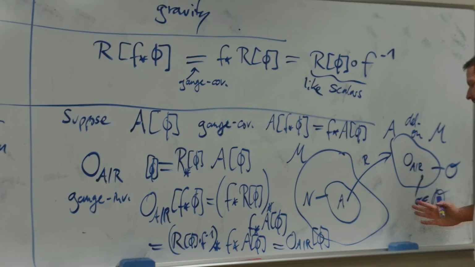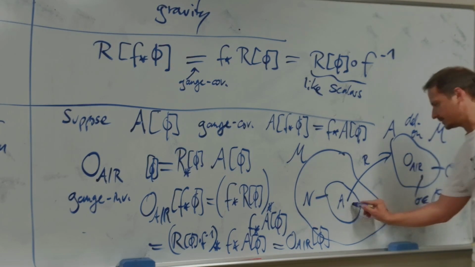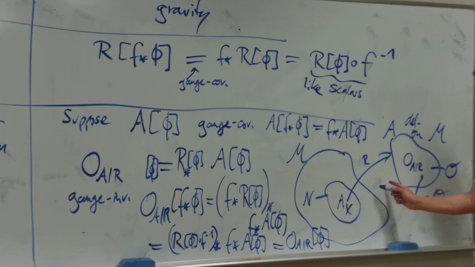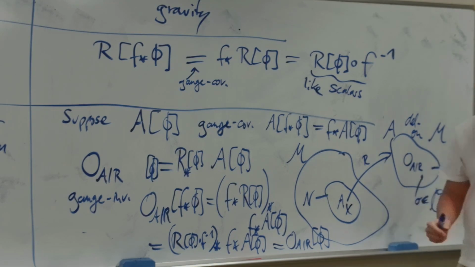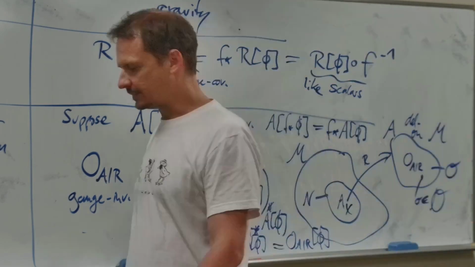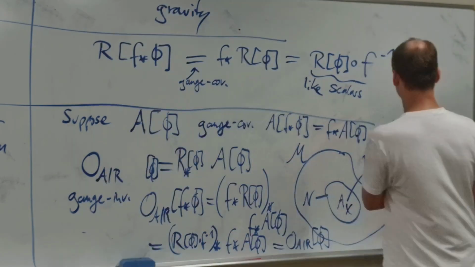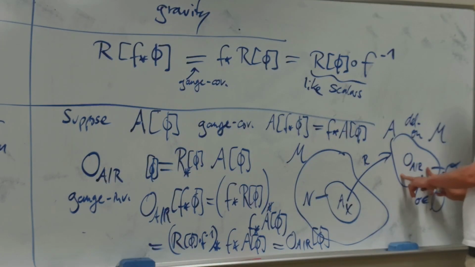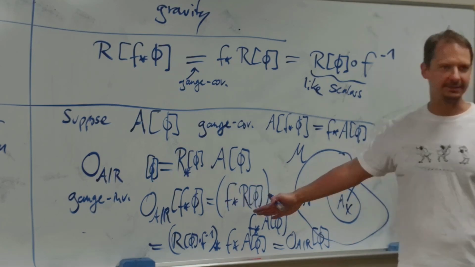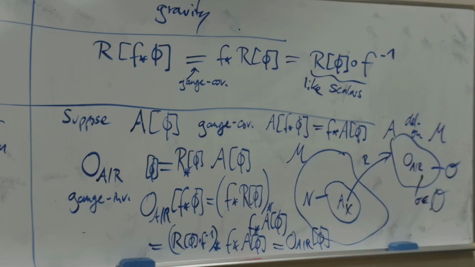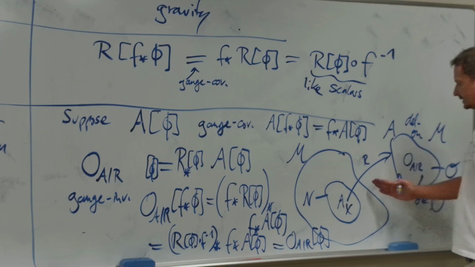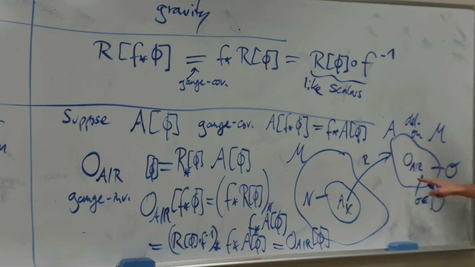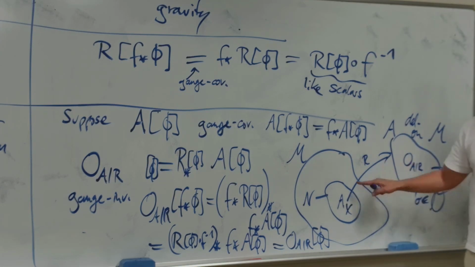Anyway, there is a relation here. You have X, then a relation between X and O, and that thing here doesn't know anything about X anymore. It's completely independent of it, which is why it's gauge invariant. But you can interpret this: the relation between X and O is given by R, but it's a field-dependent relation.